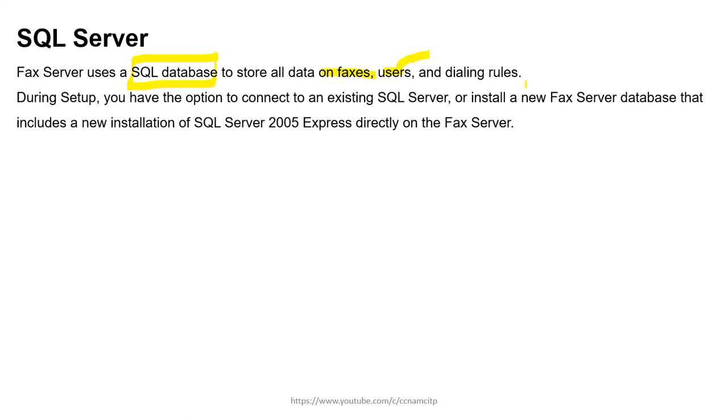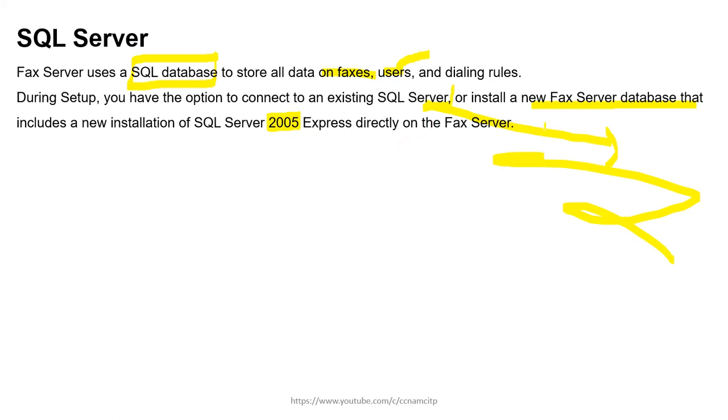So during setup you have the option to connect to an existing SQL Server. For example, if you have an existing SQL Server, you can use that, or install a new fax server database, which includes a new installation of SQL Server 2005 Express, or the latest one, whichever you want, if it is supported, directly on the fax server.